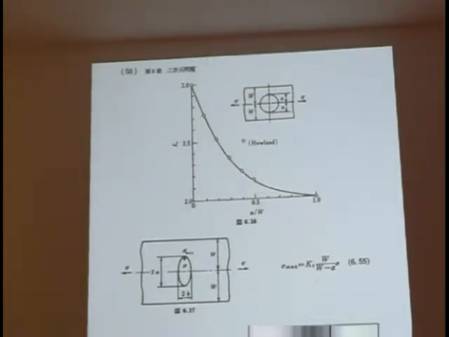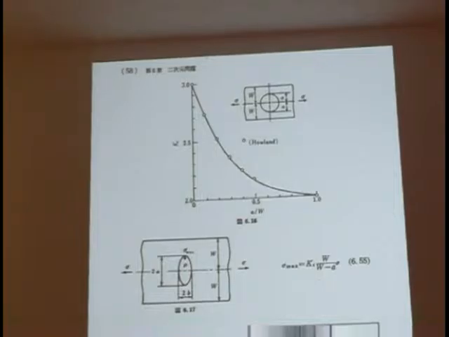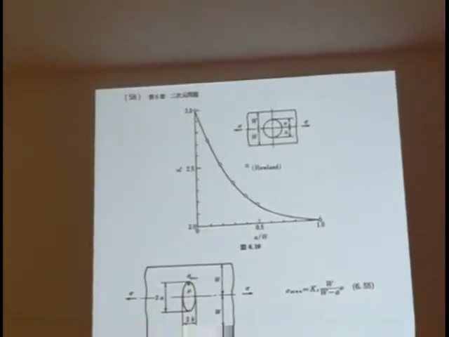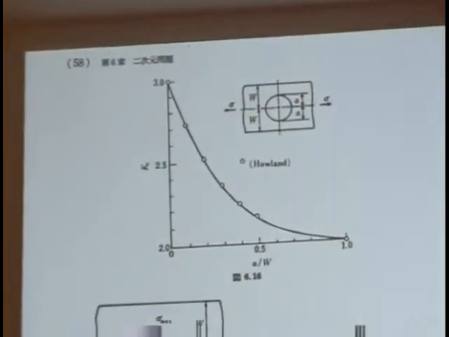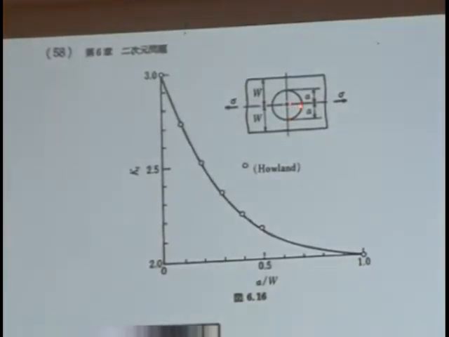Anyway, this was calculated manually by Howland using a manual digital calculator, with the stress function of a circular hole in the infinite plate. As A increased, it became very difficult to satisfy the boundary condition of this straight edge and circular hole.